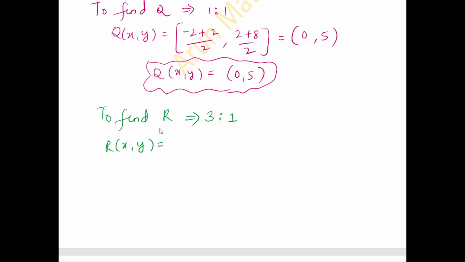Therefore, R of x comma y will be equal to m is 3, x2 is 2 plus n is 1, x1 is, ratio is 3 plus 1 comma 3 into 8, that is m times y2, m is 3, y2 is 8 plus n y1.